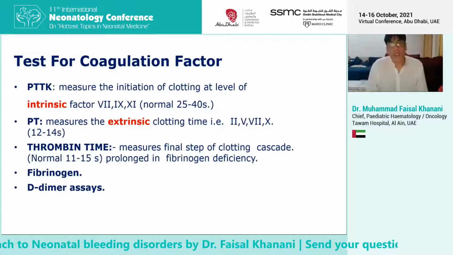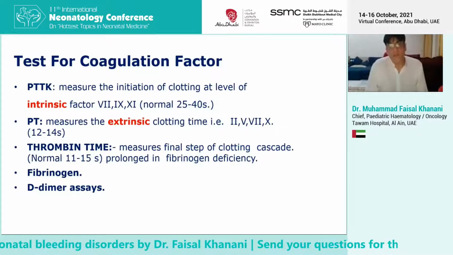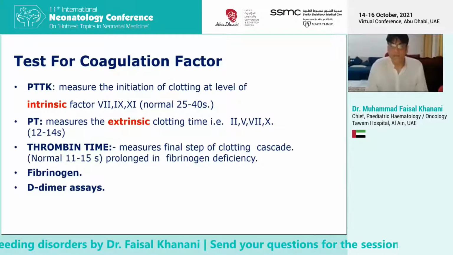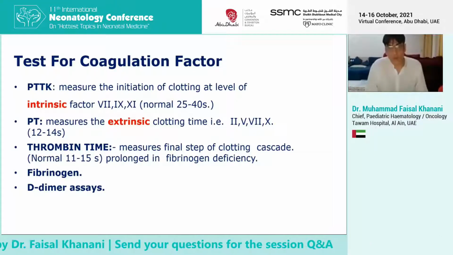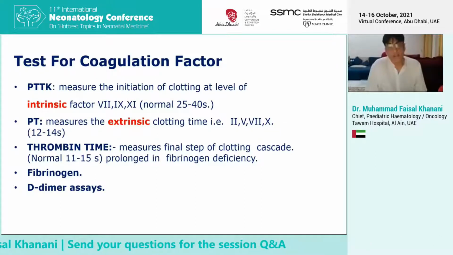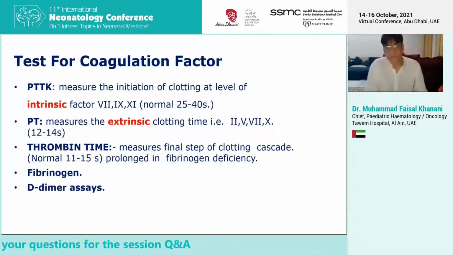Tests for coagulation: as explained, the intrinsic pathway commonly involves factors 8, 9, and 11, and PT covers factors 7 and 10. Factor 10 is both intrinsic and extrinsic, and thrombin time is the final step of the coagulation cascade.